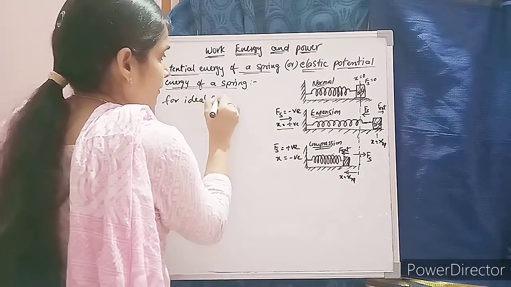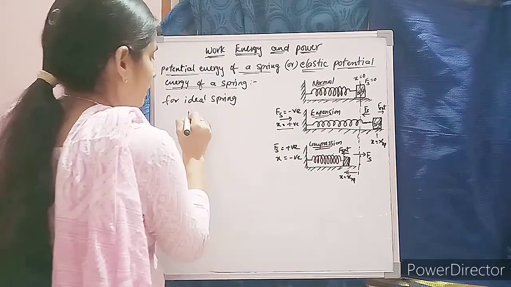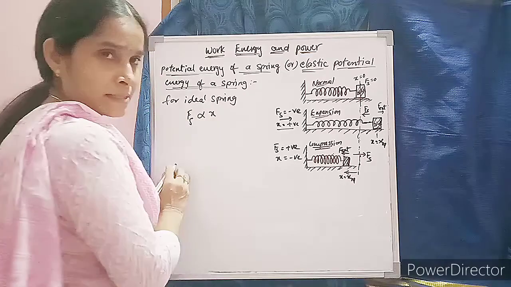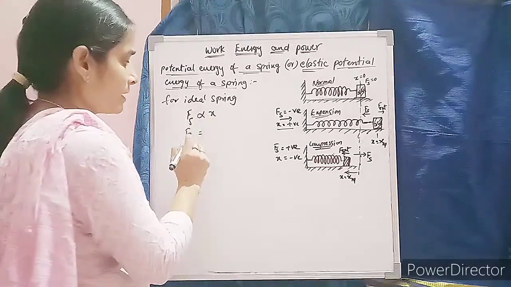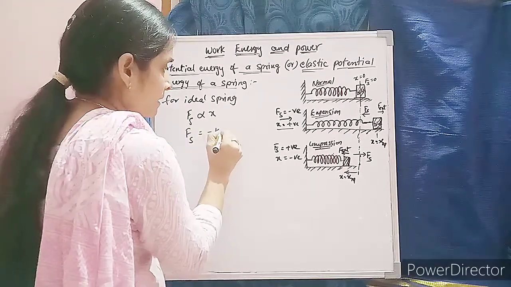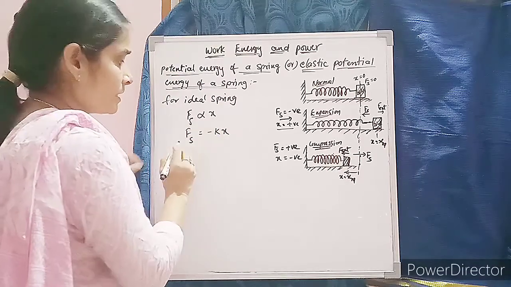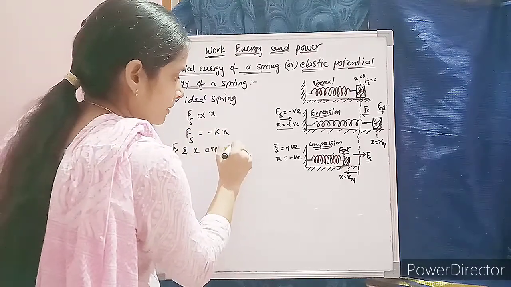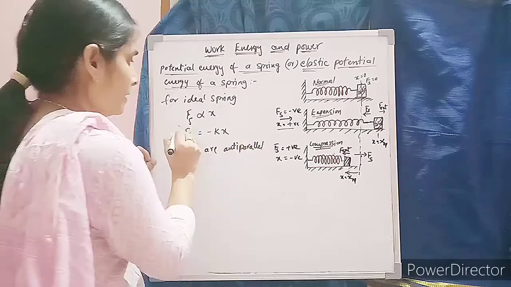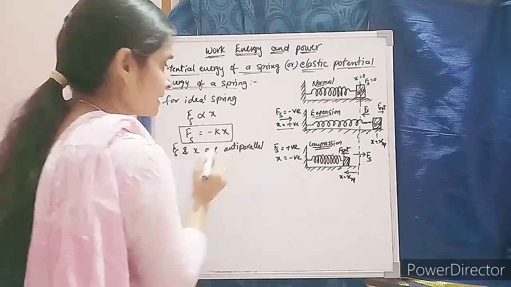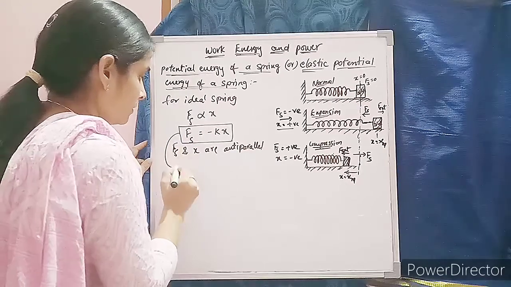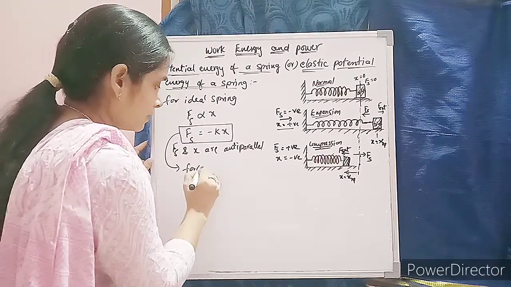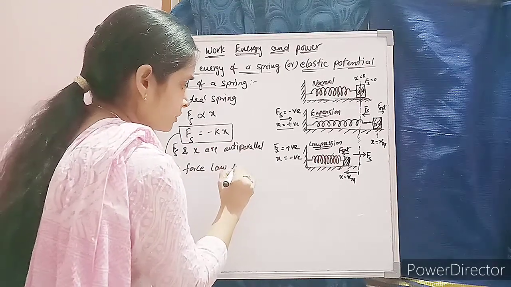For an ideal spring, Fs is proportional to x. The proportionality can be replaced by minus k into x, because Fs and x are anti-parallel. Here Fs is equal to minus kx; we call it the force law for a spring.